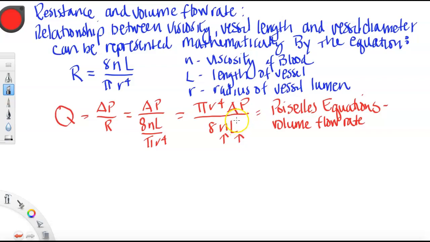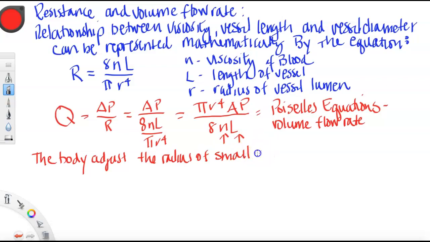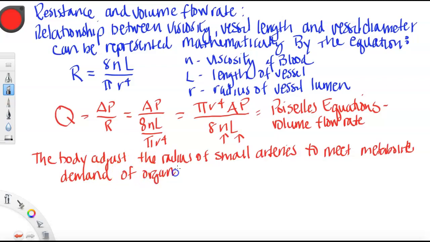So basically the body adjusts the radius of small arteries to meet the metabolic demand of organs and tissues.